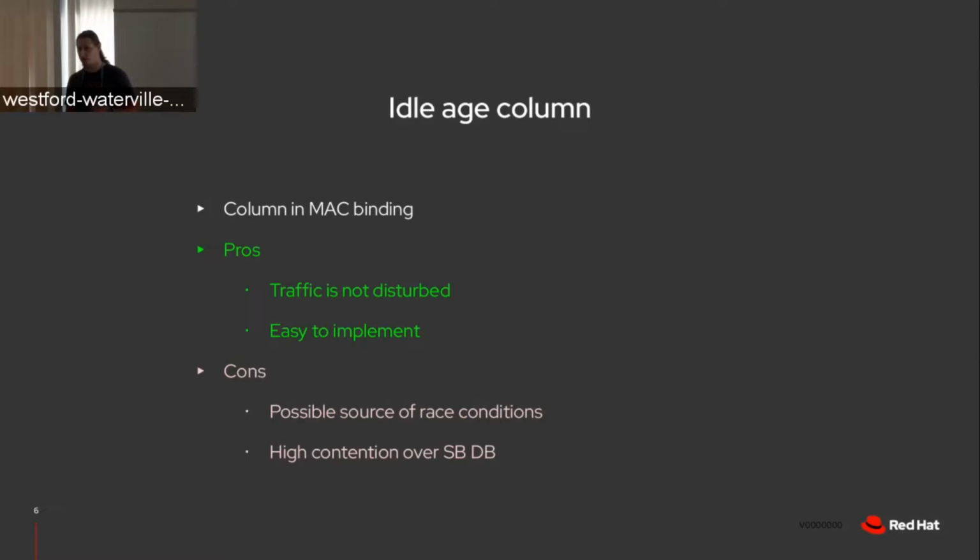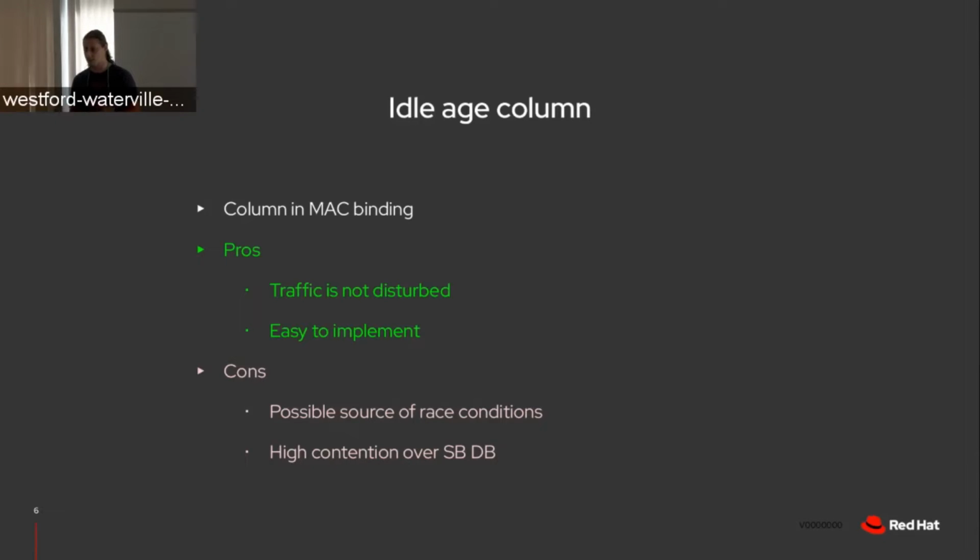If we go to the solutions that we have considered, the first one I have called idle age columns. The idea would be that the MAC binding would have a column that would store the idle age. OpenFlow flows have statistics, and one of the statistics is the idle age.